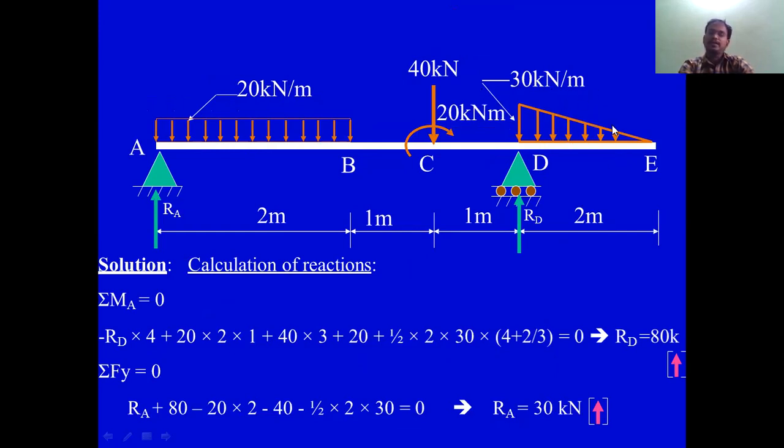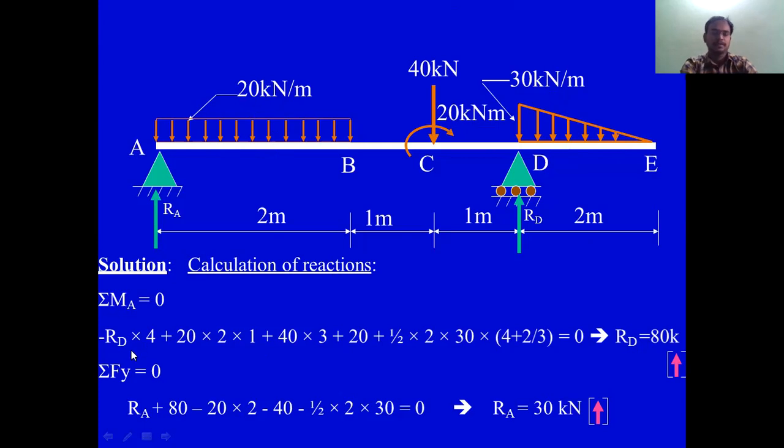Convert it into a single concentrated load: 30 kilonewton per meter into 2 over 2, so it is 30 kilonewtons, and that will act at the centroid, 1/3 of 2 from D or 2/3 of 2 from E. The 20 kilonewton per meter into 2 will act at the center.